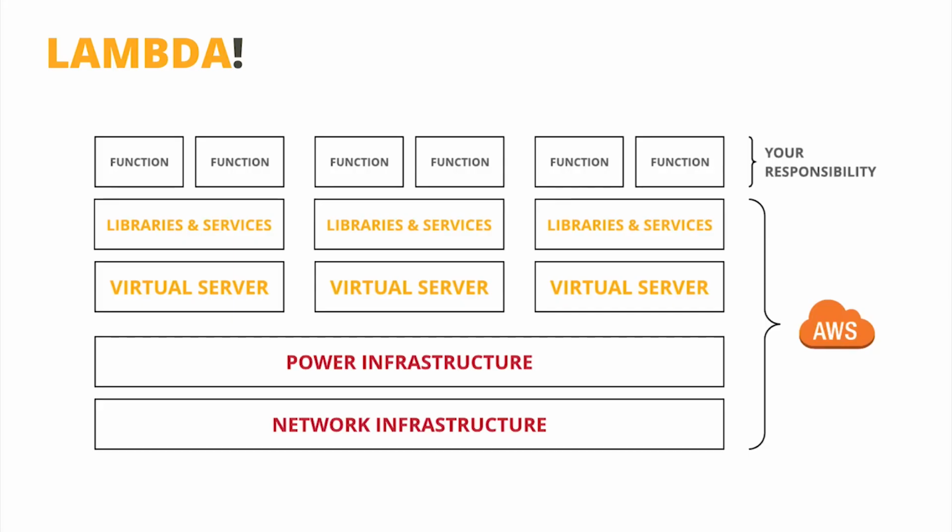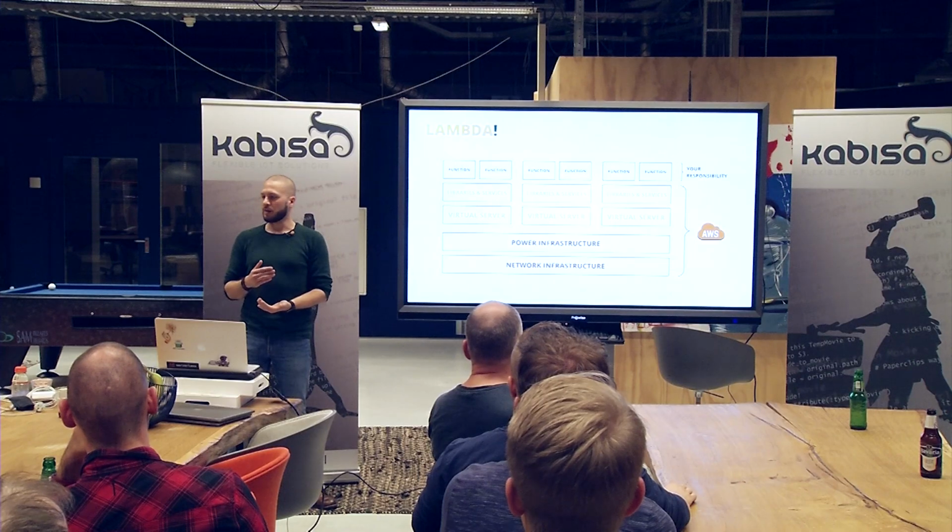But then if we go to the last step in the slides, which is a serverless tool called Lambda, we discussed it before, which is a function as a service, or FaaS, then AWS takes care of everything: your network infrastructure, your power infrastructure, your virtual servers, your libraries and services as well. They take full responsibility to just make sure that you have Python 3.6 available.